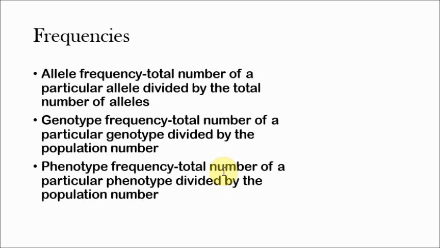And so if we get the number of those organisms in a particular genotype, and we divide by the population number, we can find that frequency. Likewise, we have phenotype frequency, which is the same thing, but with a particular phenotype instead of a genotype. And the one thing we have to be careful with here is that if you have the dominant phenotype, that's actually 2 genotypes added together.